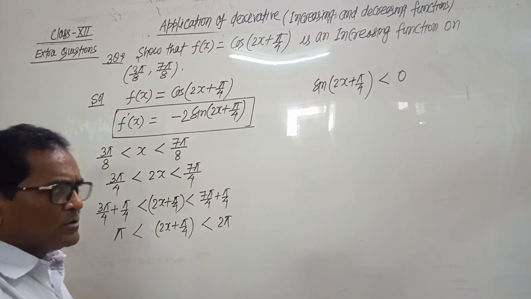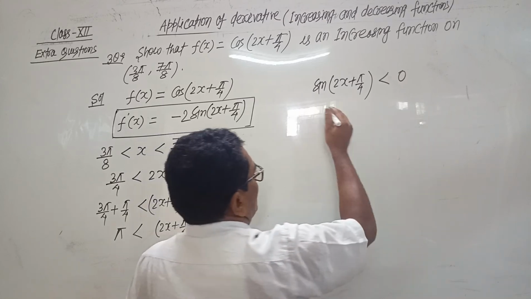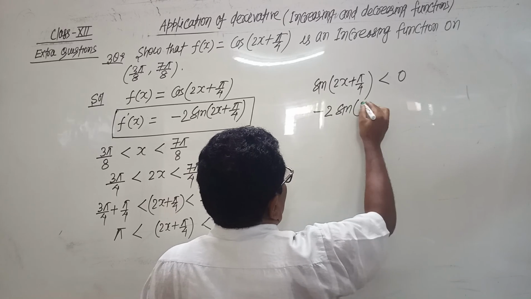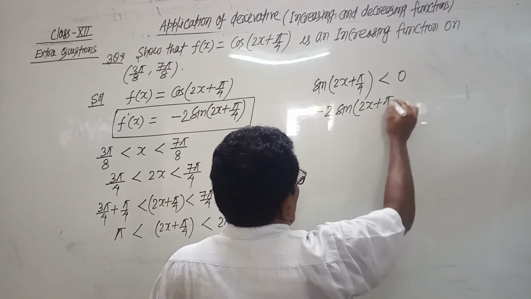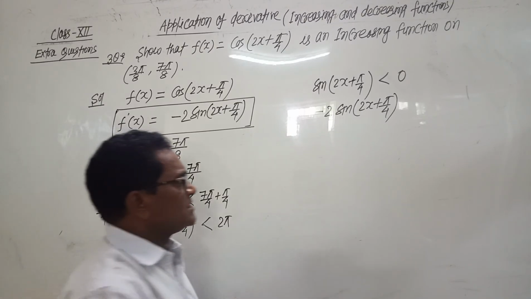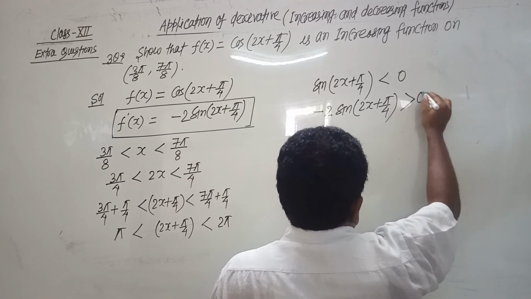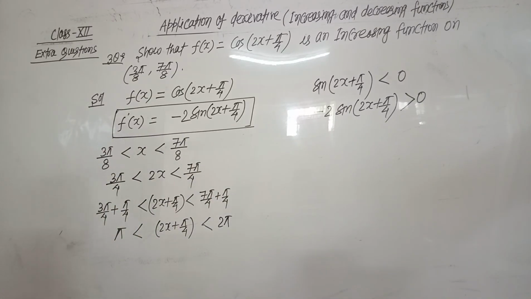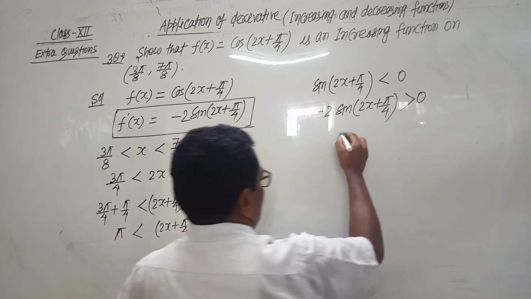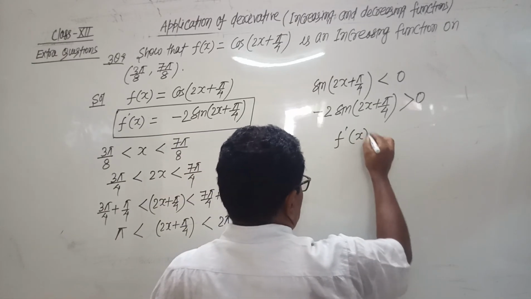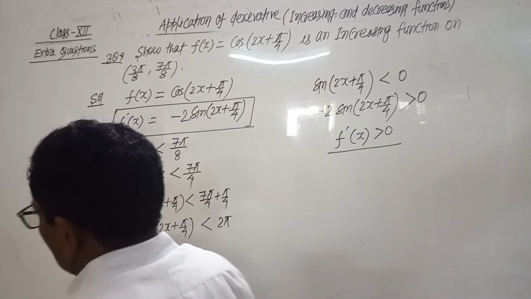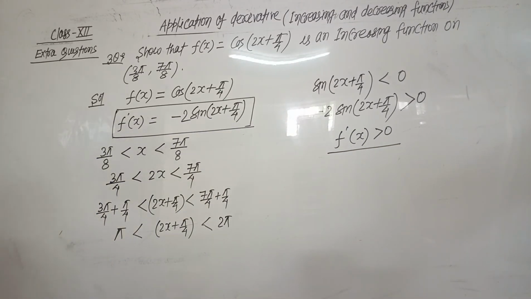Now multiply by minus 2 on both sides, so minus 2 sin(2x plus pi by 4). When we multiply by the minus sign, the inequality sign gets changed, so it becomes greater than 0. At the place of minus 2 sin(2x plus pi by 4), we can write f dash x. So f dash x is greater than 0, so this function is increasing.